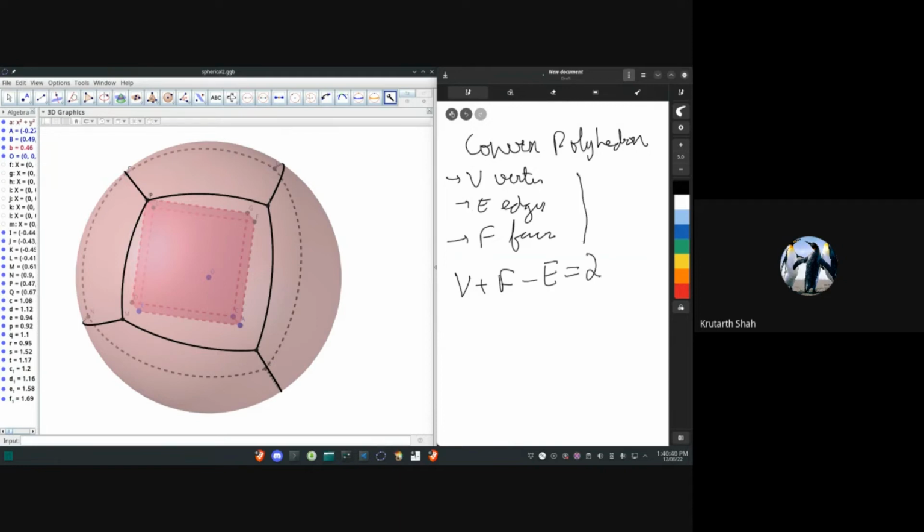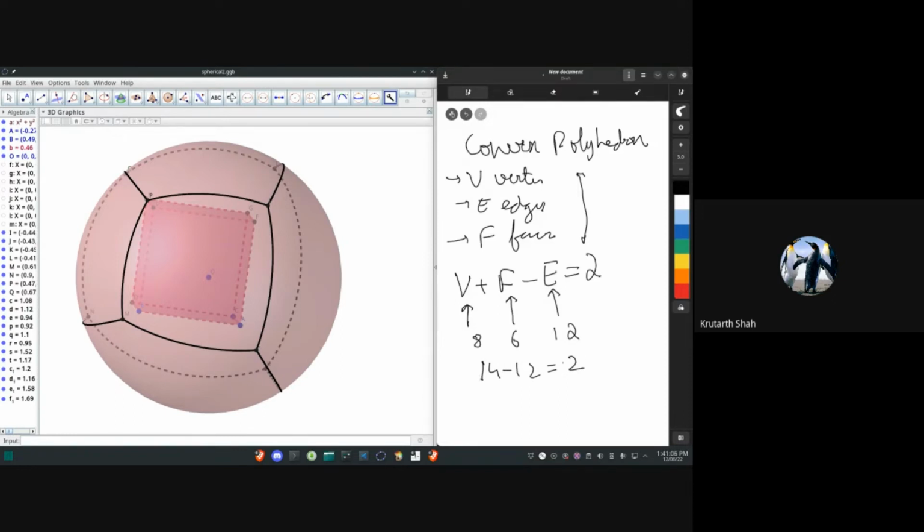This holds for all convex polyhedra. For example, for a cube, you have 8 vertices, 6 faces, and 12 edges, which is nothing but 14 minus 12, which is 2.